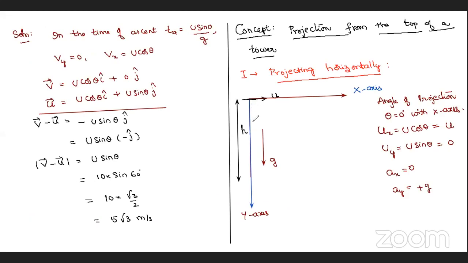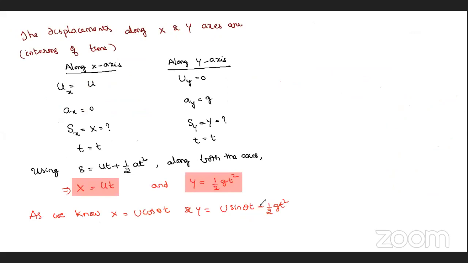But this time you took downward as positive y-axis, so I just changed the sign. This is plus.